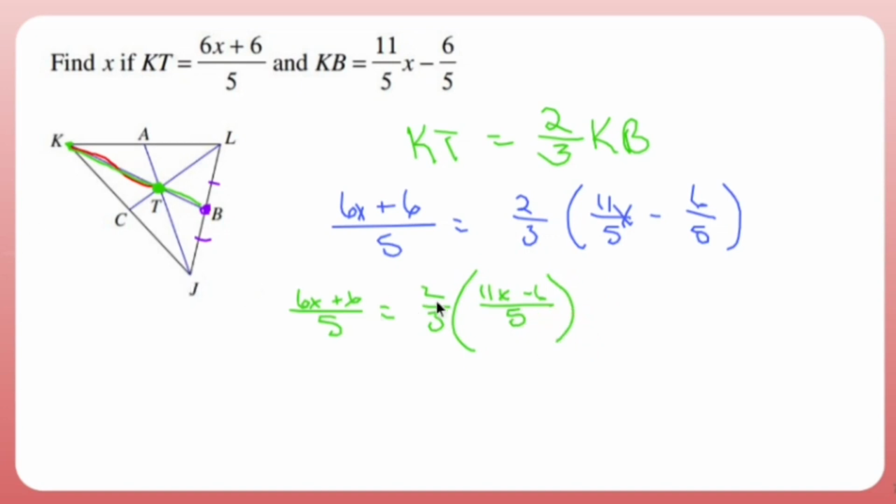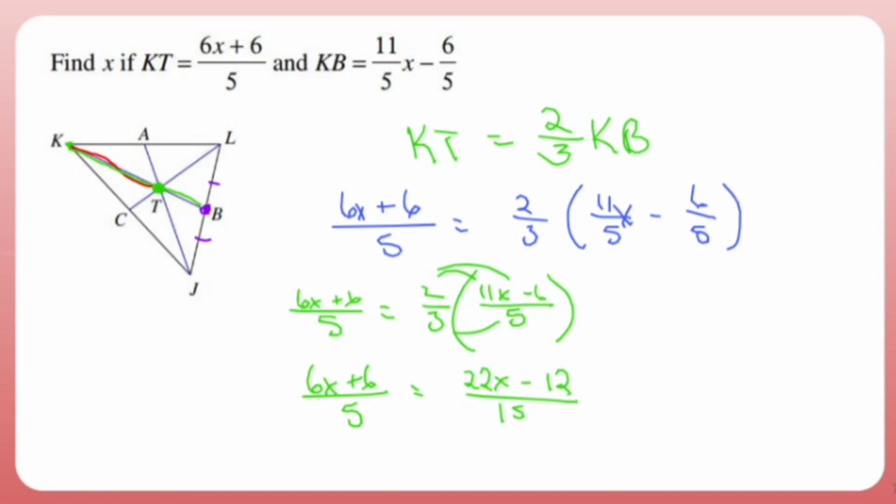Now what I can do is I'm going to multiply 2/3. So 2 is going to be multiplied to everything there. (6x plus 6) over 5, still unchanged. That's going to equal 2 times 11, which is 22, minus 2 times 6, which is 12, all over 3 times 5, which is 15.